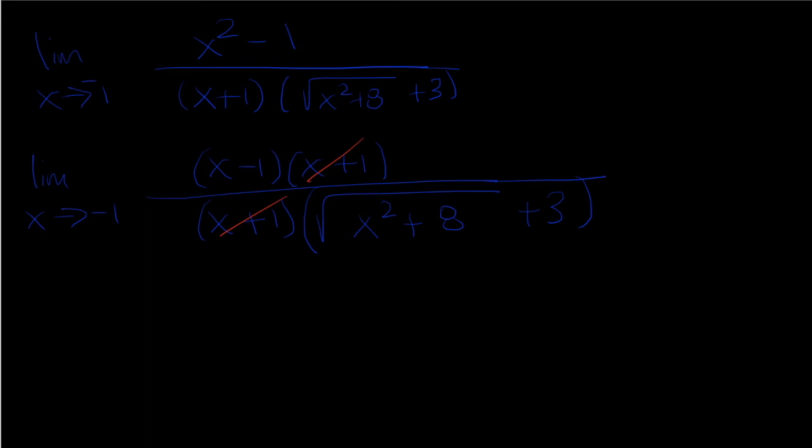That goes away. And now I can just plug in negative 1 for x. I have negative 1 minus 1 at the top. That'll be negative 2. On the bottom, I have negative 1 squared, which is 1, plus 8 is 9. Square root of 9 is 3, plus 3 is 6. So my limit is negative 1/3.